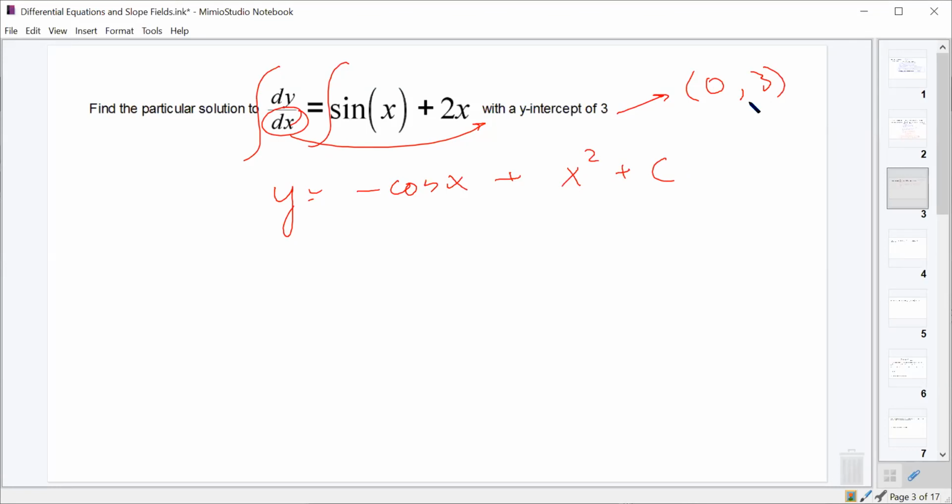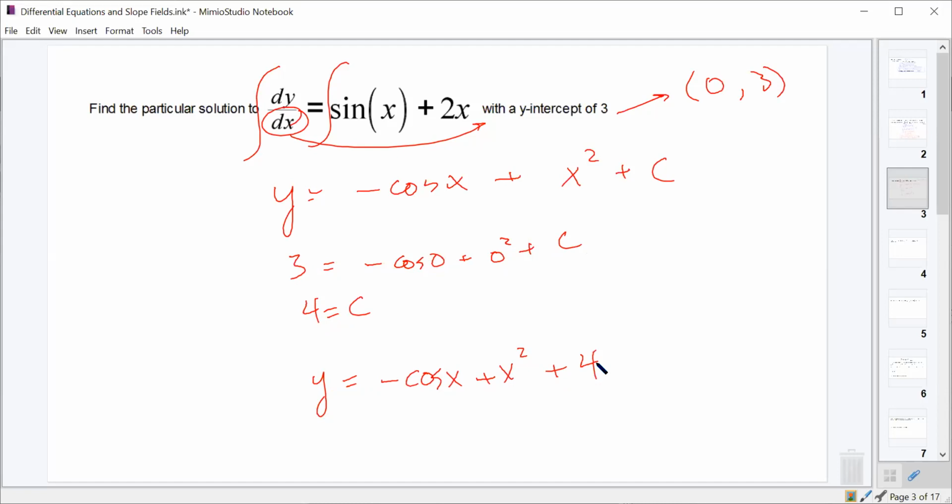So we'll plug in 0 for x and 3 for y. And cosine of 0 is 1, so that's negative 1. Bring that over, the constant is 4. And so we end up with y equals negative cosine x plus x squared plus 4.